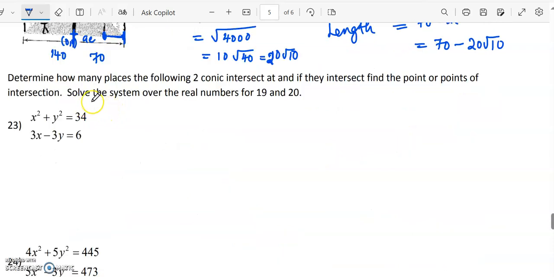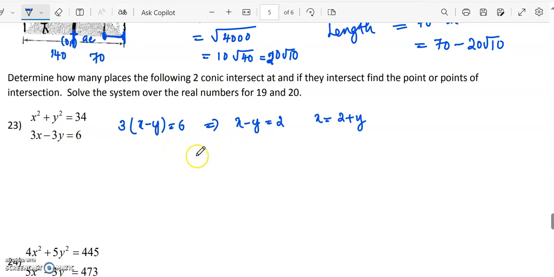Next problem, we need to determine how many places the following two conics intersect, and if they intersect, find the points of intersection. So if we take the values here, we get 3x minus y equal to 6, or that will give x minus y equal to 2. So we get x equal to 2 plus y.